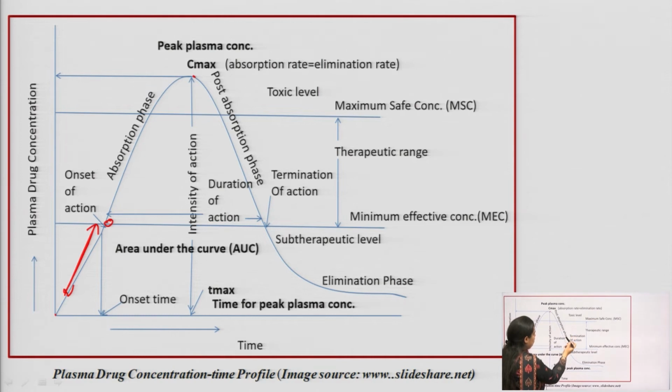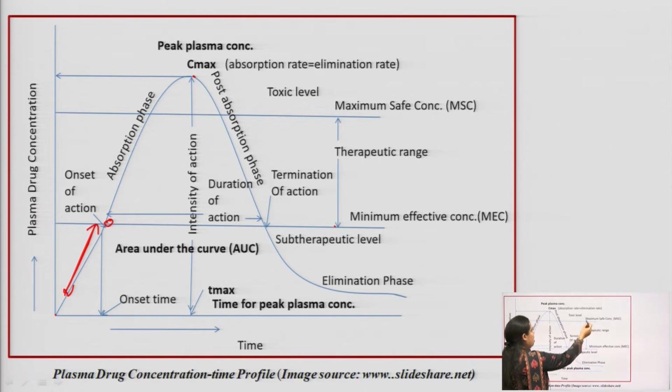Now, if we talk about the downfall line, this will be the minimum effective concentration. From the onset of action point, the point that means the drug starts giving its effect in the body, the minimum effective concentration will be reached, and then this is the maximum safe concentration.